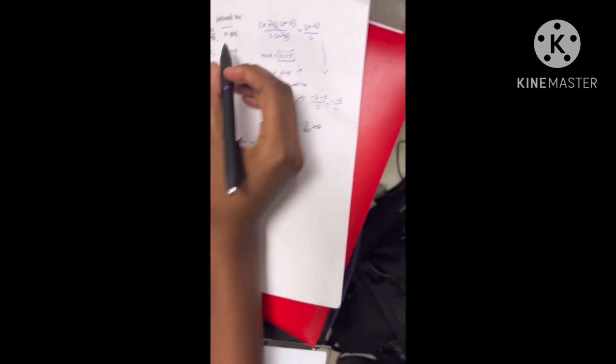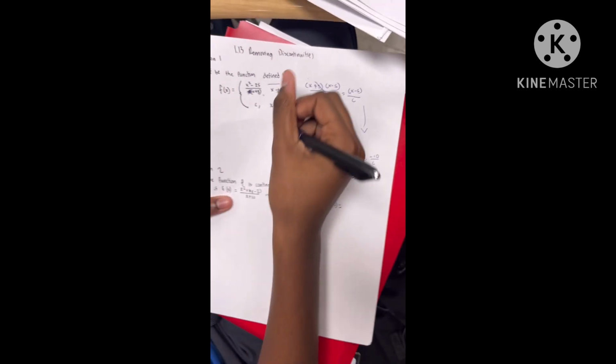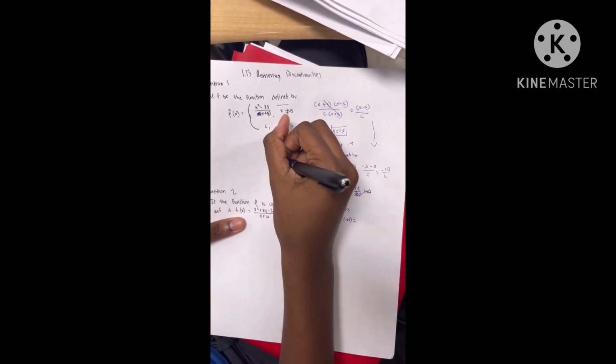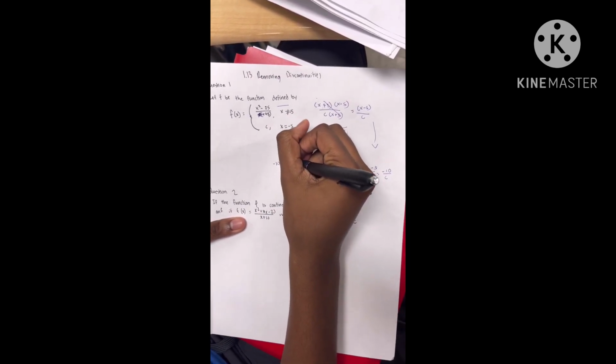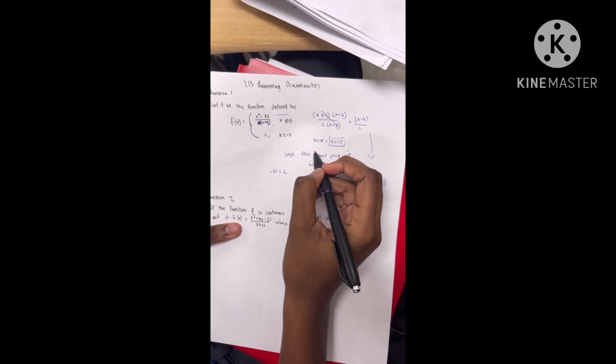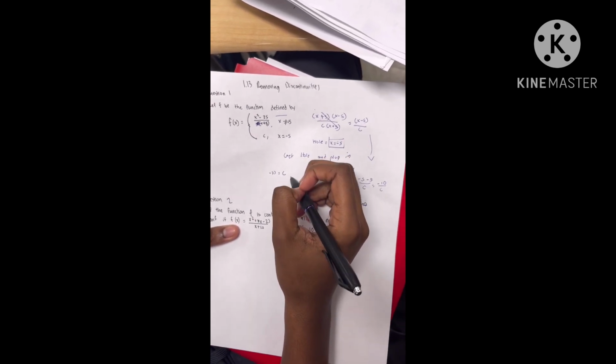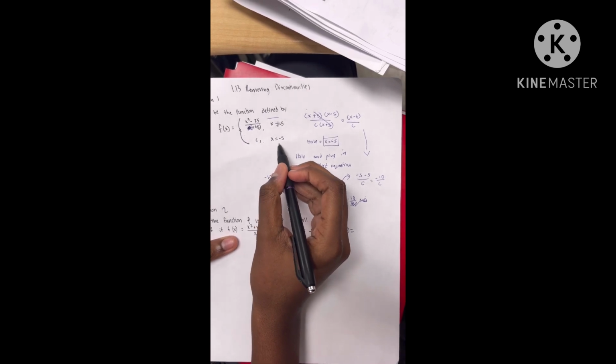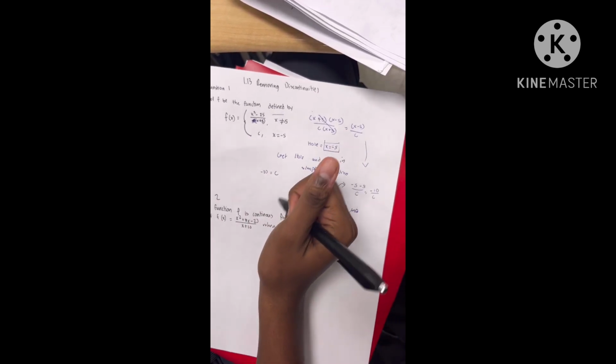I said no. But yeah, the hole would be, basically, not continuous at all. And our c value, which is for the second equation in the f of x equation up there, is x equals -5.